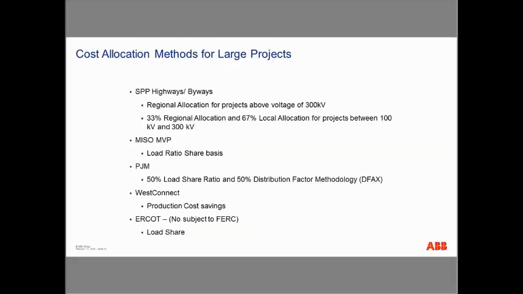For the MISO MVP process, they have a load share basis for the allocation of cost. PJM uses a 50% load share ratio and 50% distribution factor methodology, called DFAX, to allocate the cost of large projects. WestConnect uses production cost savings associated with projects, and ERCOT uses load share for determining the allocation of costs for large projects.